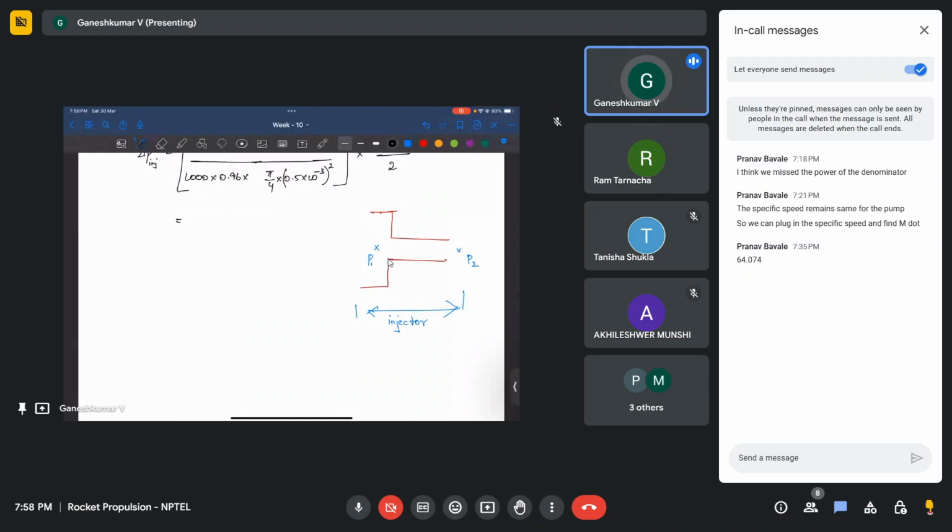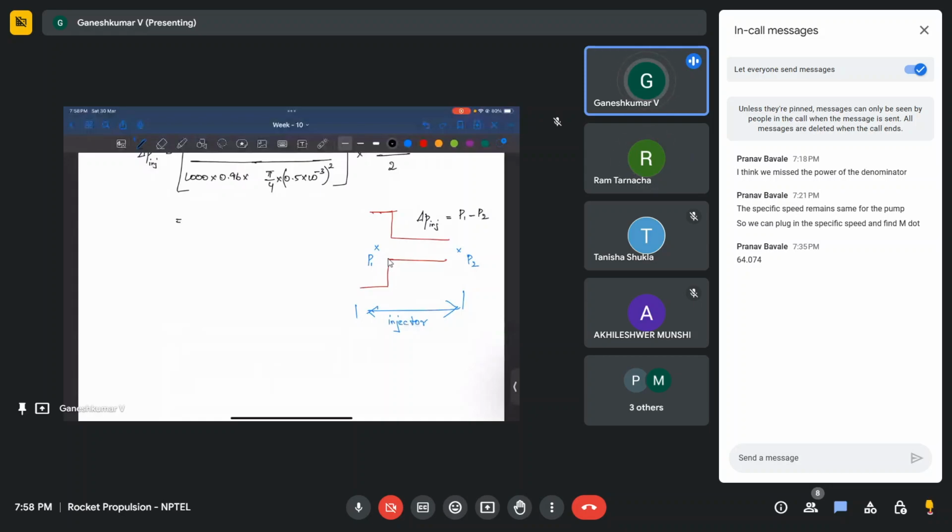From this equation, the delta P of injector is nothing but P1 minus P2. The real pressure you can find only after we know the chamber pressure. So the delta P we find here is directly the delta P across the injector.